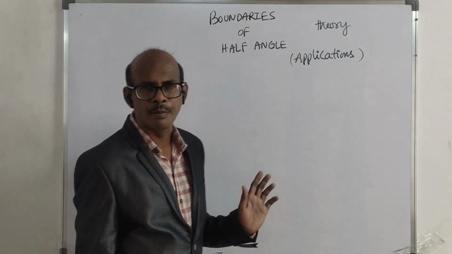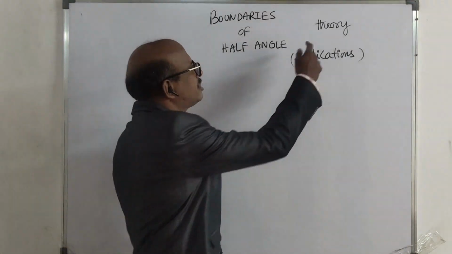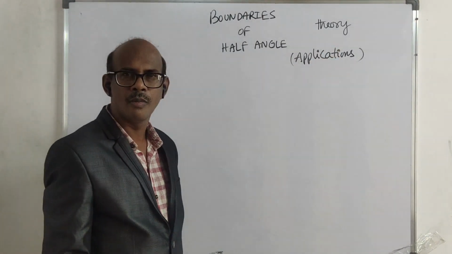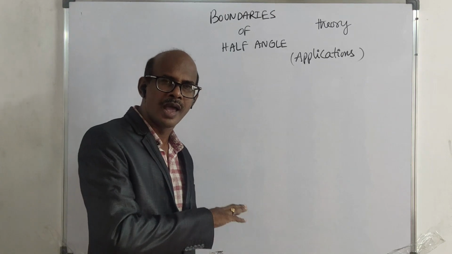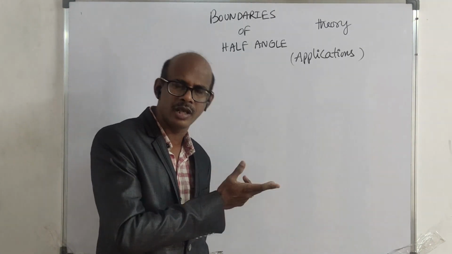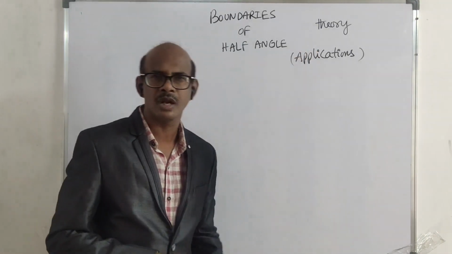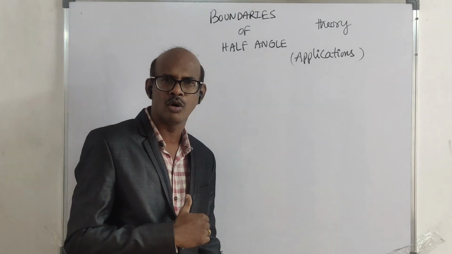Already we discussed in the previous video the theory of boundaries of half angle, covered with a good diagram, S plus C, S minus C, indirectly the limits of A by 2 concept with a good diagram and theorem.